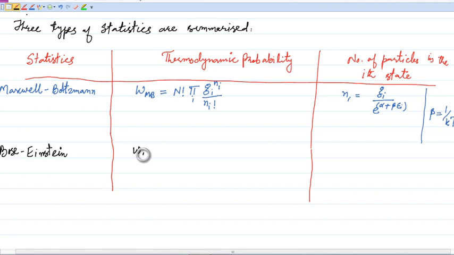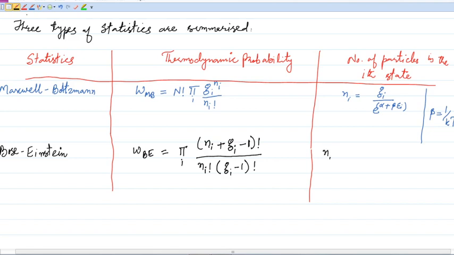Here the thermodynamic probability is equal to product over i of (Ni plus Gi minus 1) whole factorial upon Ni factorial (Gi minus 1) factorial, and the number of particles in the ith state is simply given by this expression: Gi upon e raised to the power alpha plus beta Ei minus 1.